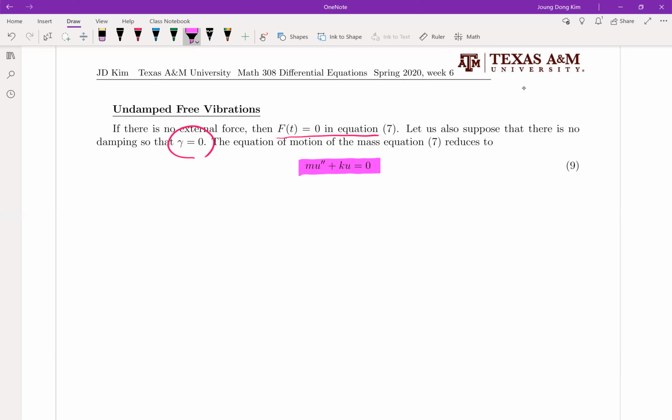If there is damping force, then definitely that motion will get slower and finally stop, which is the equilibrium position, right? But if we assume there's no external force and no damping force, then that motion would continue forever. Does it make sense?